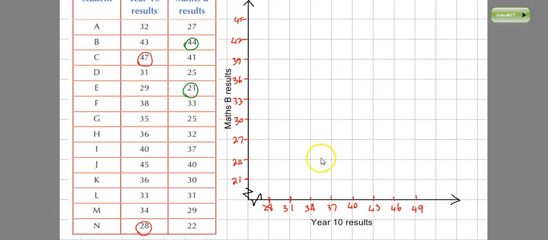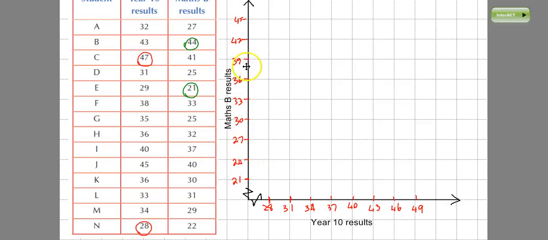I'm not going to get to 47 in that space. So I didn't have any alternative but to count in threes. So 28, 31, 34, 37, 40, 43, 46, 49. Doesn't quite reach the end, but it's the best of the options that I had. And I do the same thing here. Now, coincidentally, I'm also counting up in threes for this axis, but you can be counting in fours or fives or twos or ones or tens.